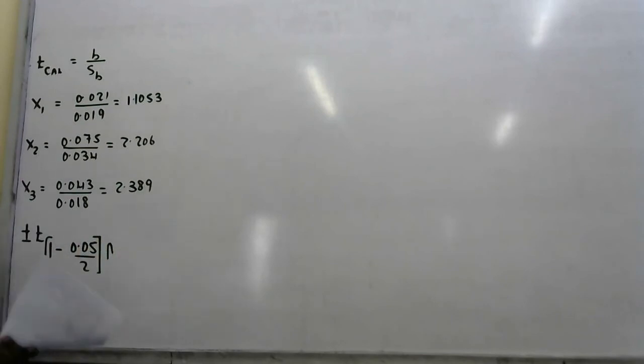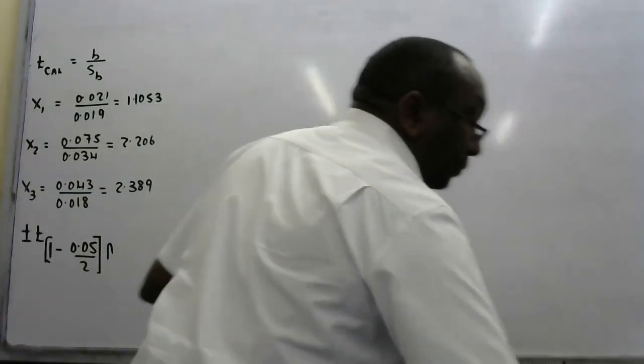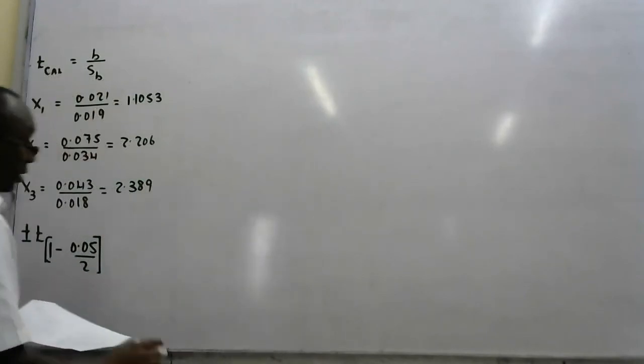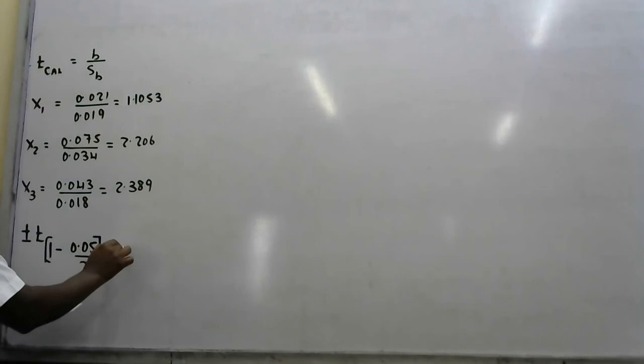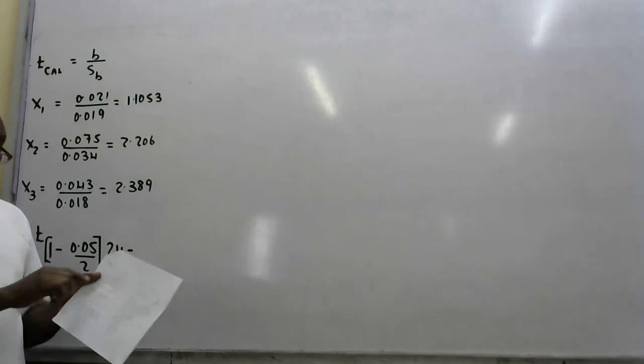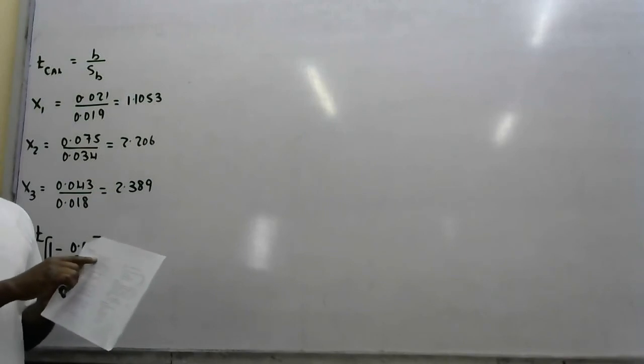So n is 24, minus k. So k is the computed values: the intercept and the slopes.